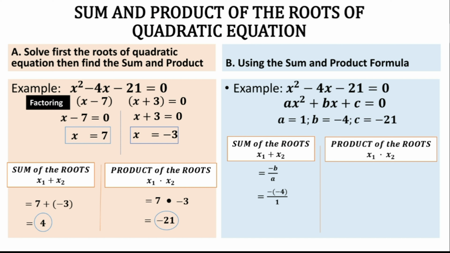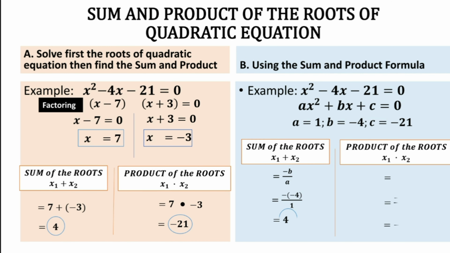Simplify, negative times negative 4 divided by 1 is equals to positive 4. While product of the roots has an expression of c over a, substituting the value of c and a to this expression, so we have negative 21 divided by 1 is equals to negative 21. See, we come up with the same answer.